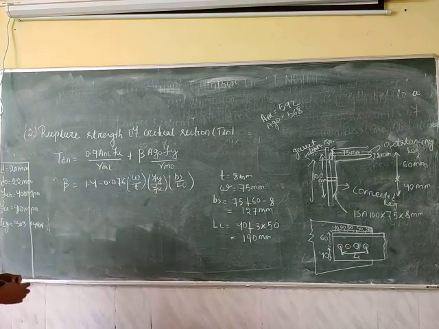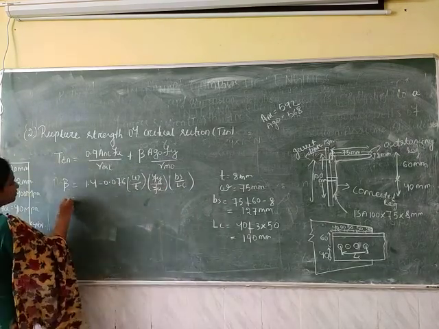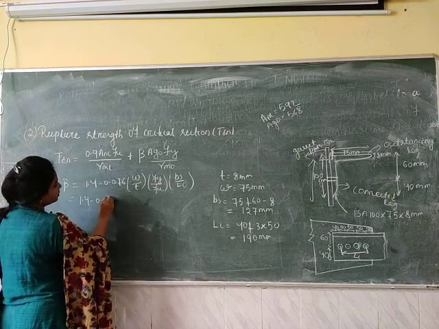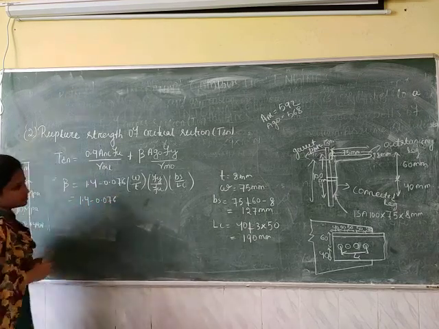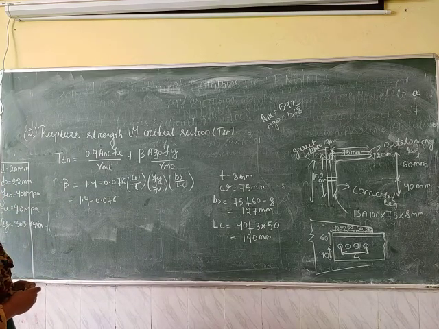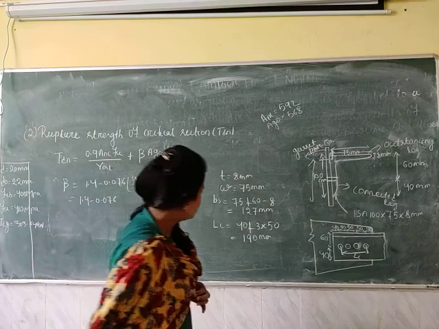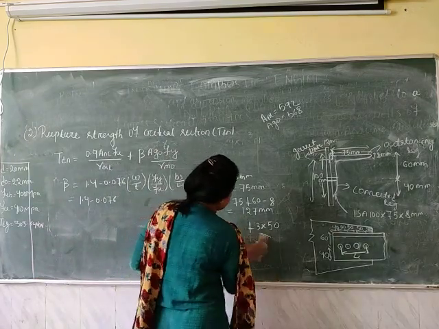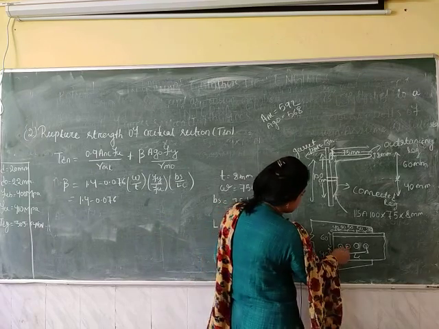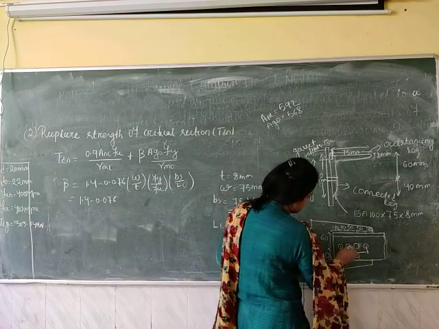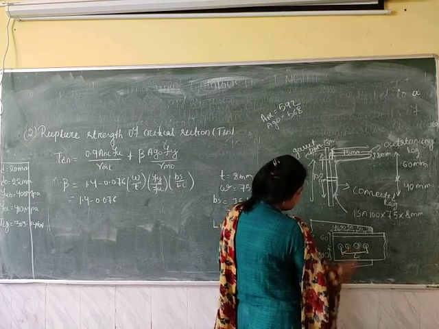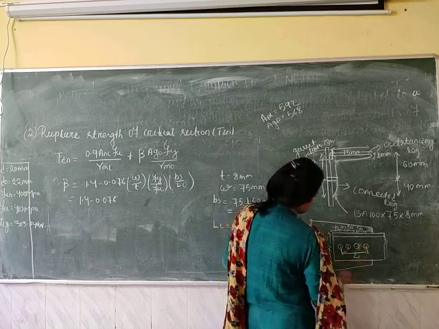Okay, so now we will put all the values, that is 1.4 minus 0.076. Here this will not be 40, because this center to center distance is 50, this is 50, this is 50, and this is 50.